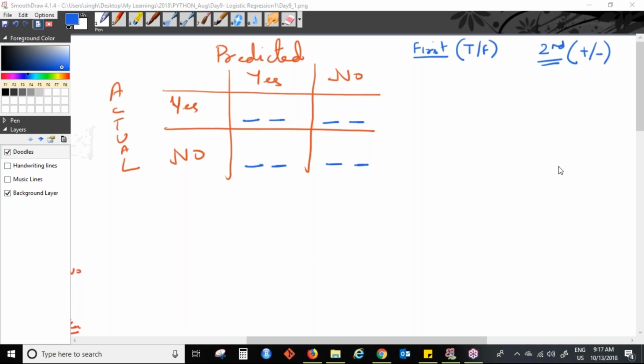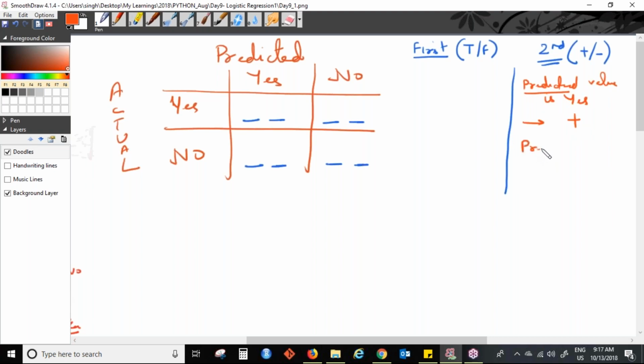Now, how do we know which one is which? First, let us talk about the second word. Then we will come to the first word. This is the cheat code, which you will not see anywhere. If your predicted value is yes, that means your second word will be positive.